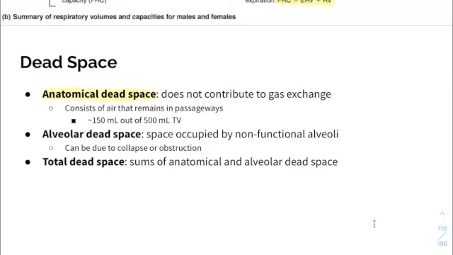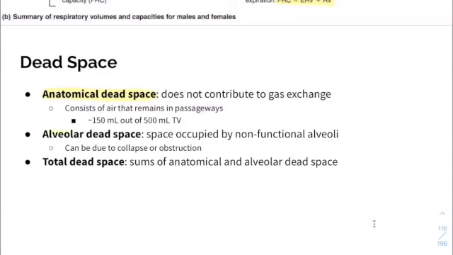Because when you're breathing in, not all the air that you breathe in through your nose makes it down to your lungs. That's some of that anatomical dead space. Not all the air you breathe in makes it past the pharynx, the oropharynx, the larynx. That's anatomical dead space.